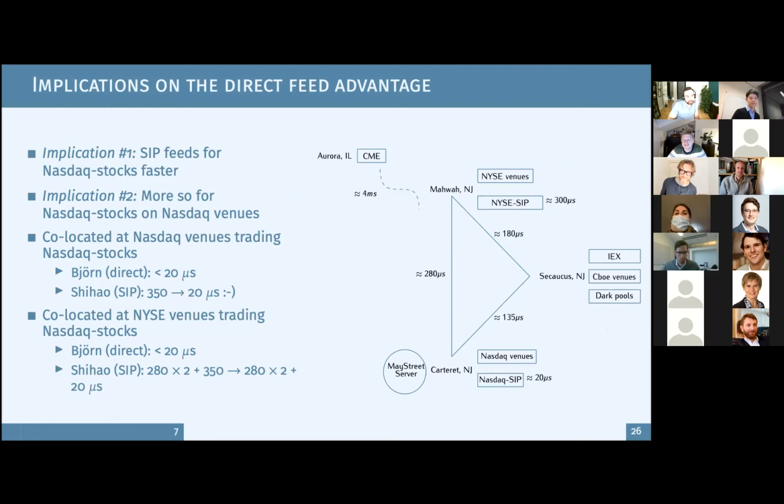Thanks, Bjorn. Hi, Shihao. A quick clarification question. This example of 20 microseconds for Nasdaq, is that the real number that they're operating with, or is that just for the sake of the example? I guess my broader question is, does the upgrade completely eliminate the advantage of direct feeds, or is there still an advantage there? I'm pretty sure there's still an advantage because there are many different components of trading, right?